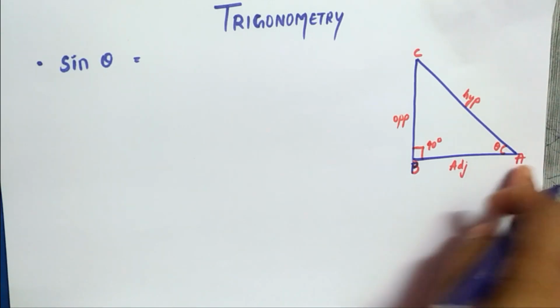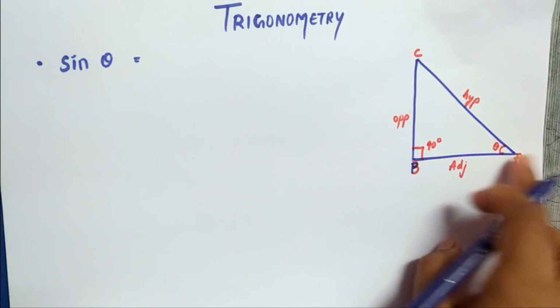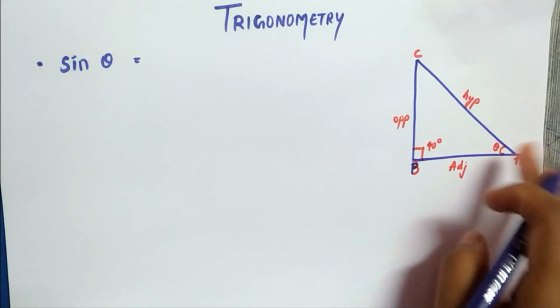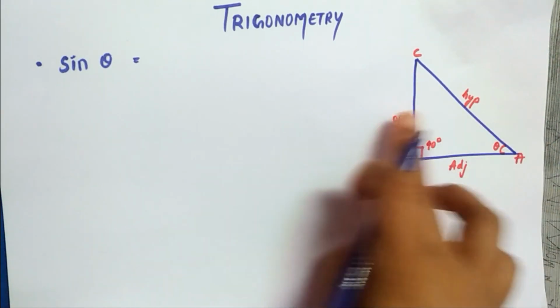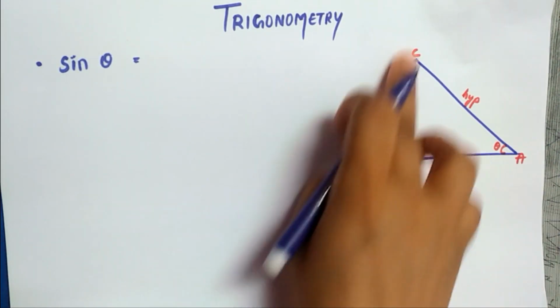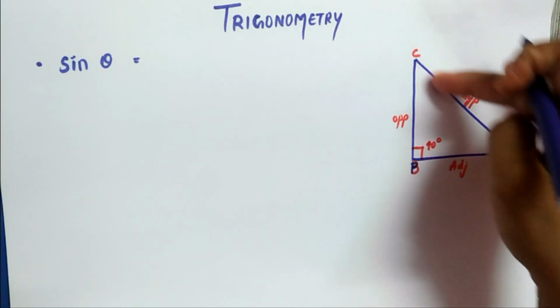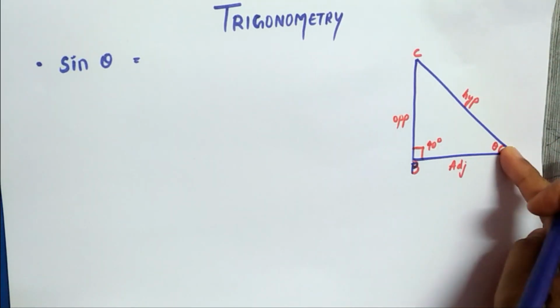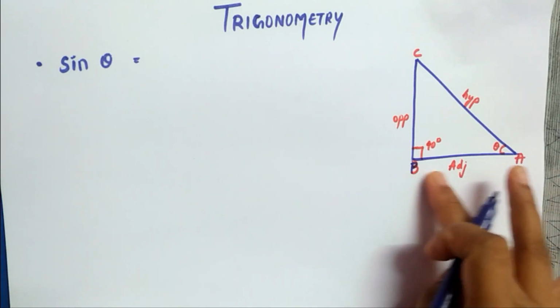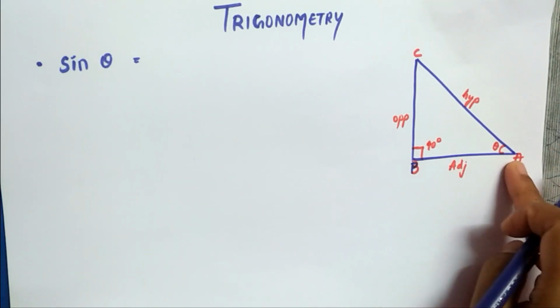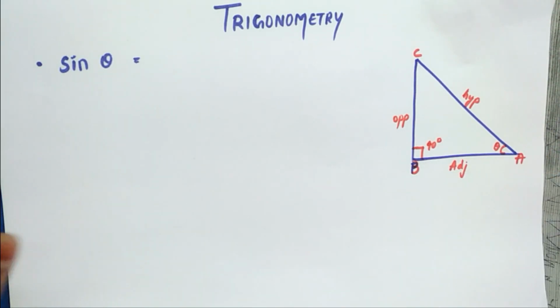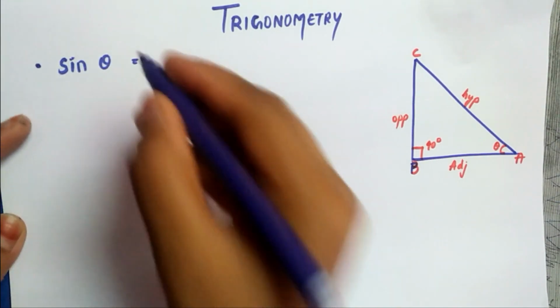So this is the theta, and we need to calculate the ratios of this theta. This is the opposite side of this theta. This is the hypotenuse side of the theta, and this is the adjacent side, the side next to it. Now first we'll move on to sine theta.